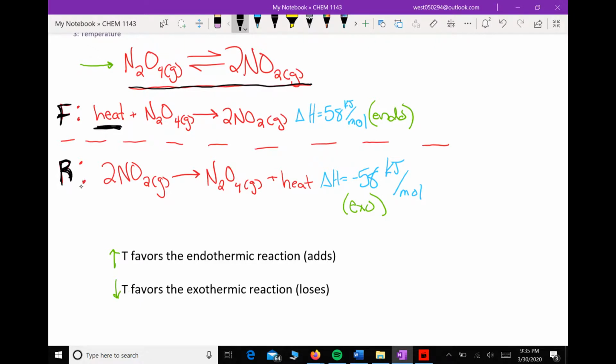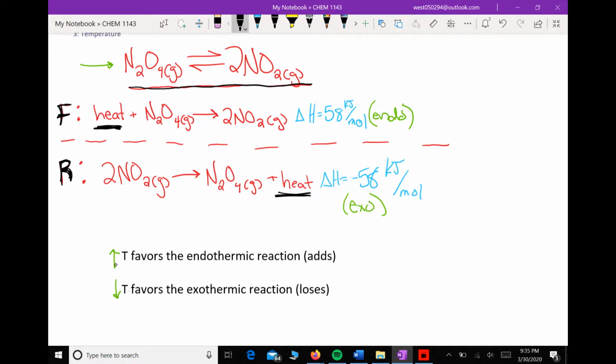In the reverse reaction, you have 2 NO2 yielding N2O4, and it gives off heat, as also shown by the negative value of the enthalpy.